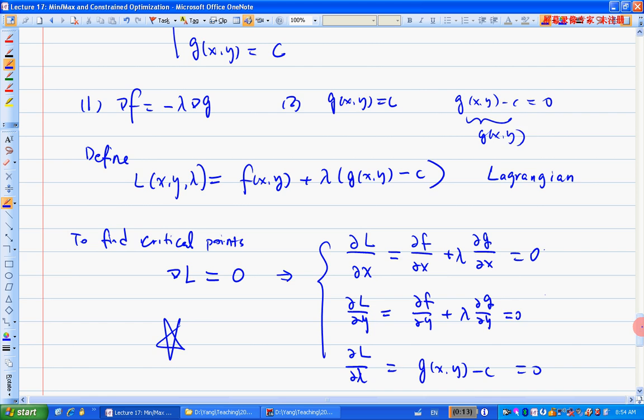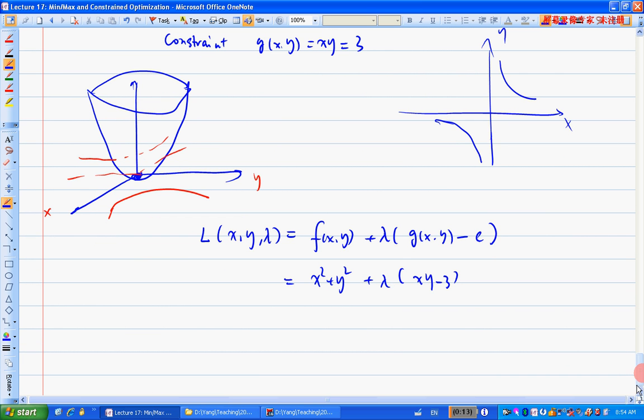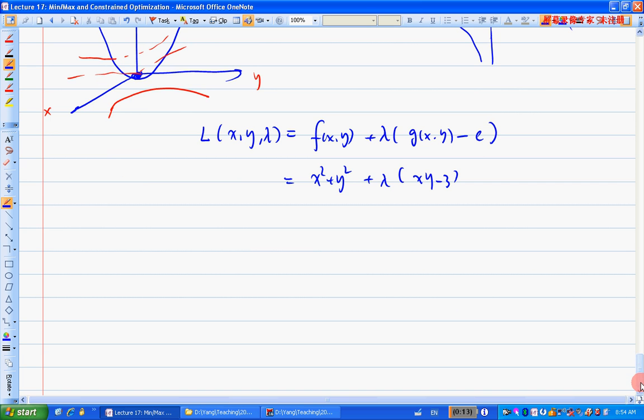Now, why do you have a c? Particularly in the future, you will see that my constraint may be this: x dot equal to f of x and u. This is my constraint. So it's not necessarily a simple constraint. This is basically a dynamic system.